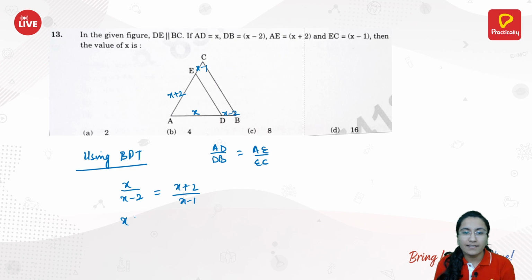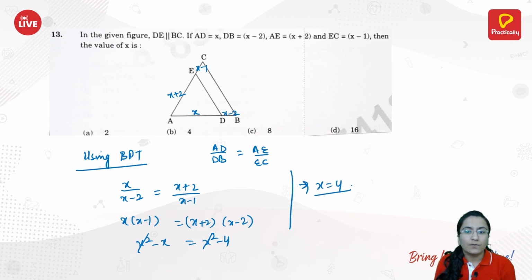So we have x into x minus 1 the same as x plus 2 into x minus 2. This comes out to be x square minus 4 on the right, and x square minus x on the left. x square minus x square is cancelled, you get minus x is equal to minus 4, which gives you x is equal to 4 as the correct answer. Option B is the correct answer.